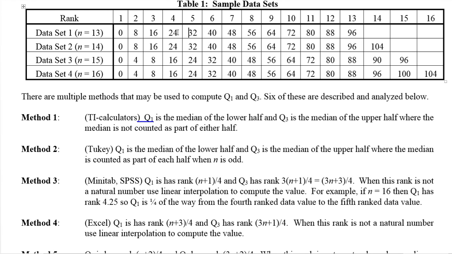So what we do is we go halfway between the 3rd and 4th, which we just add those up and divide by 2.